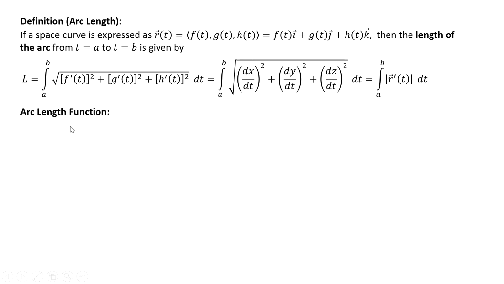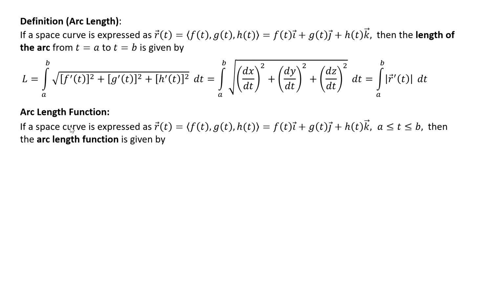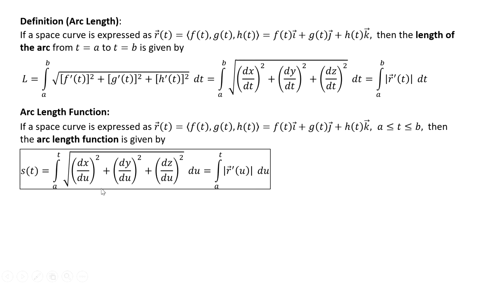Now we have what's called an arc length function. Didn't we already discuss arc length here? Then what's up with this arc length function? Look at this. If a space curve is expressed as r of t, and a is less than or equal to t less than or equal to b, then the arc length function is given by this, apparently.